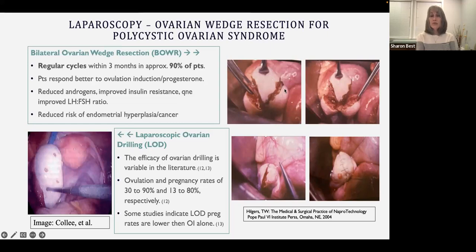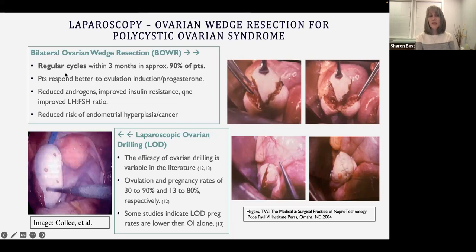Polycystic ovaries will grow very large because the woman is not ovulating, but rather she keeps accumulating follicles in her ovaries, and oftentimes they will grow large. So when we take a section out of this ovary, we can often return her to normal physiological state and help her to become more fertile. So what we found is when we do these bilateral ovarian wedge resections, here you see a pie-shaped section being removed from the ovary.